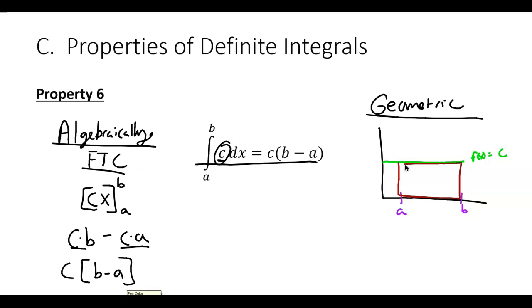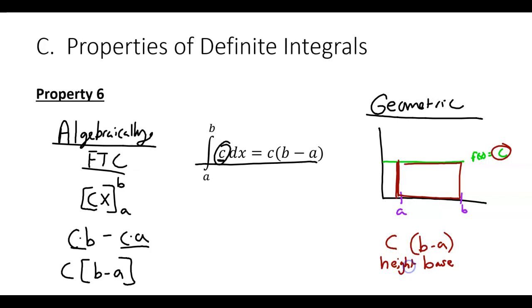What's the base of this rectangle? How long is the base of my rectangle? Well, the base of my rectangle is B minus A. What's the height of my rectangle? Well, it happens to be the function c.